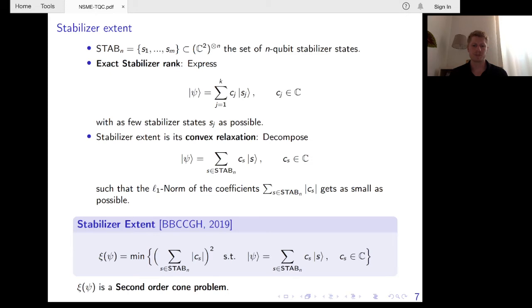As I've said before, it's a magic monotone, it's an optimization problem. And in this case, it's a second order cone problem, or sometimes also called conic quadratic programming problem. And these problems can be solved efficiently in the dimension. Well, the drawback here is that if psi is an n qubit state, then the underlying dimension is 2 to the n. So you can solve it efficiently in 2 to the n, but not in the number of qubits n.